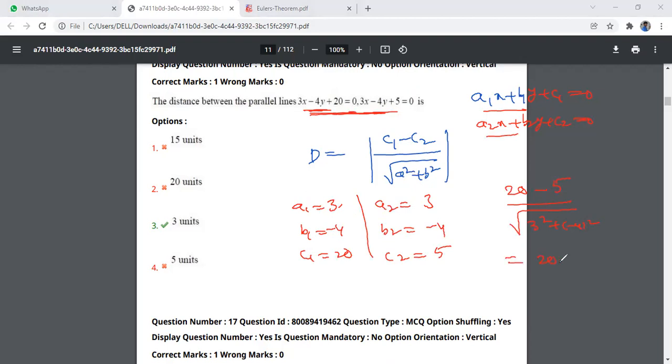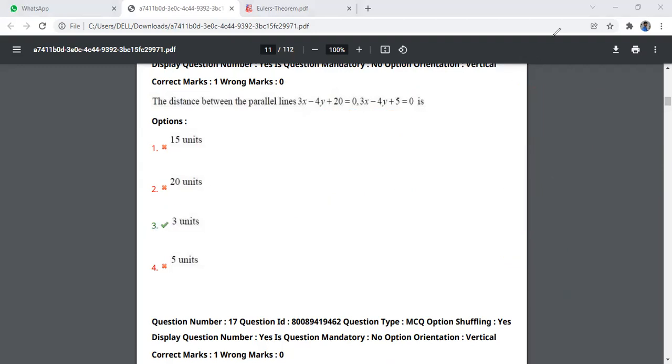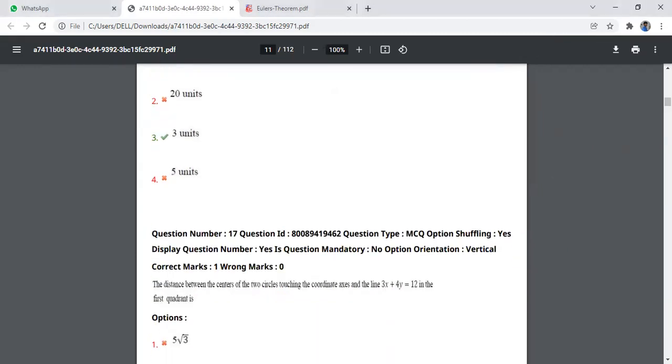So that is 20 minus 5 means 15, by 9 plus 16, because minus into minus will become plus. 16 plus 9 is 25, root 25 is 5. So it becomes 15 by 5, and 5 threes are 15, so the answer is just 3 units.